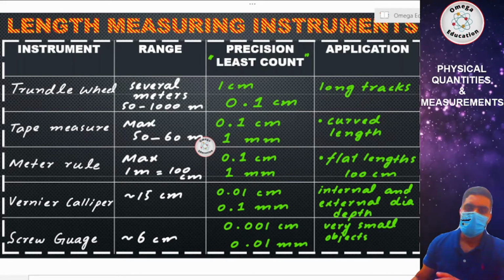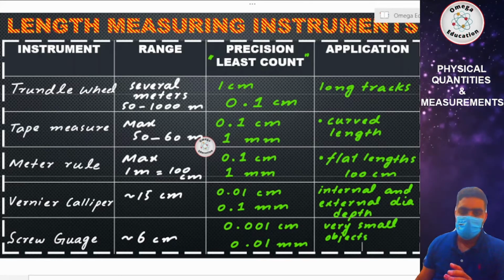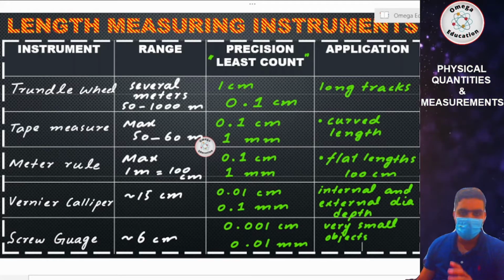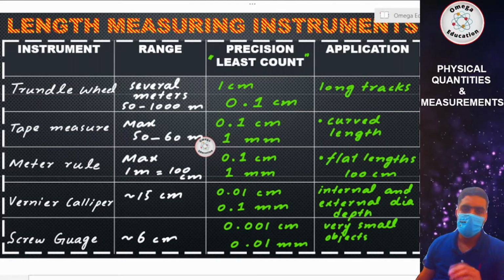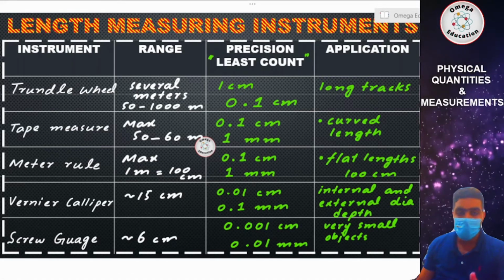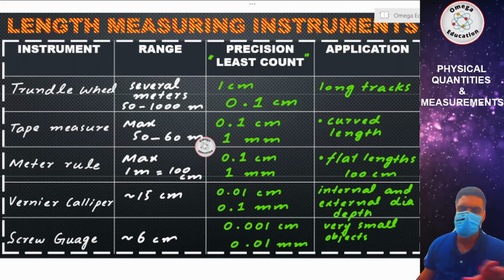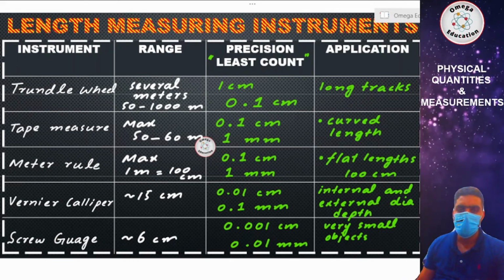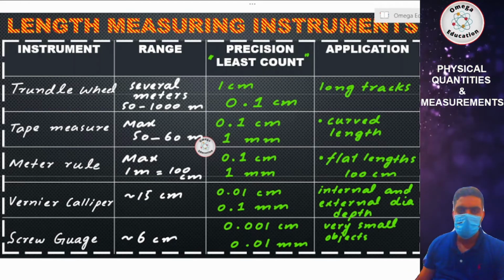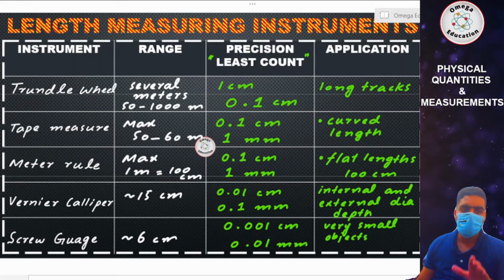Objects of very small length, very small diameters are generally measured with the micrometer screw gauge. Screw gauge is also known as micrometer. Sometimes they simply use the word micrometer. So when they say micrometer, it should be obvious that they are referring to the screw gauge.